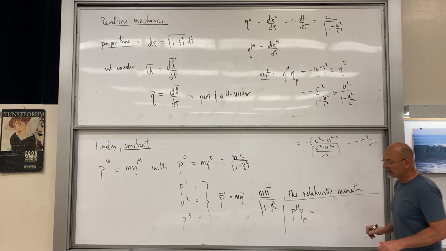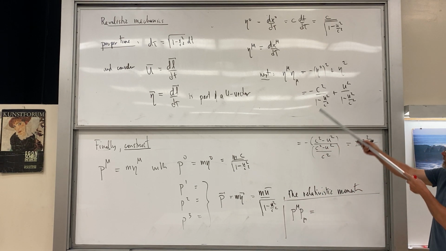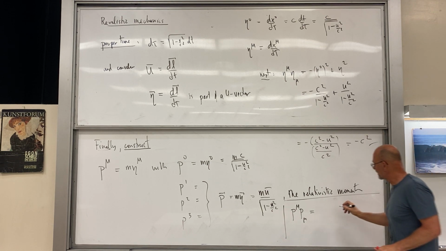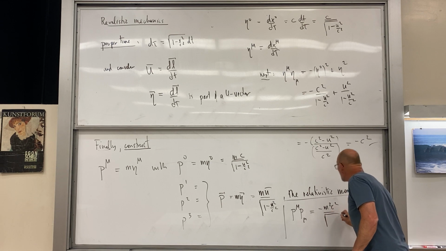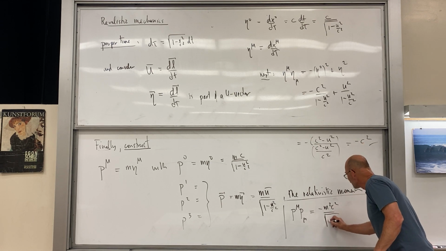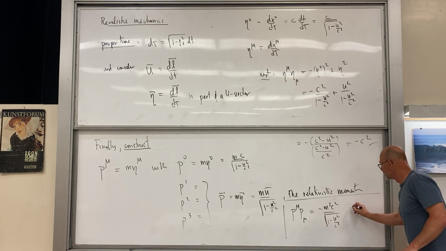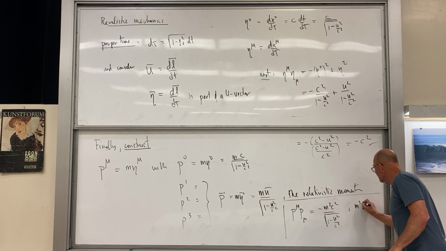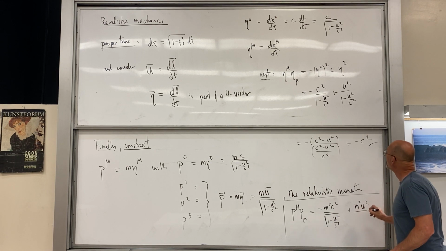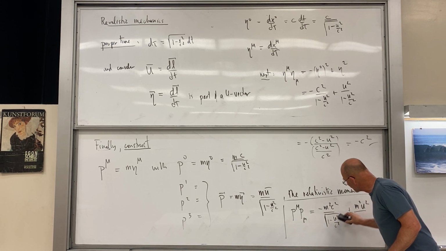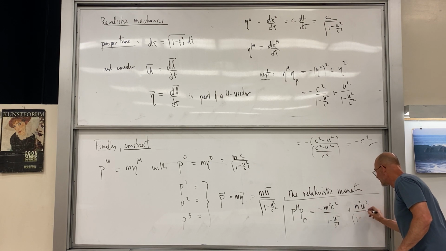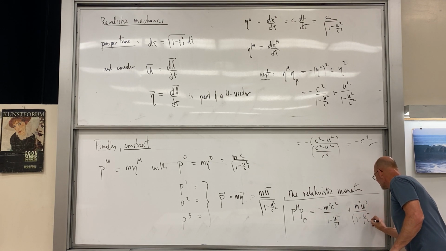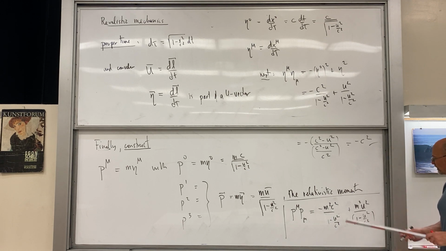If we sum that up, we're just going to have an m there, so an m squared on each of these. So minus m squared c squared over 1 minus u squared over c squared plus m squared u squared. Oh, not the root, of course, we squared the root, so we have that over 1 minus u squared over c squared. Using u instead of v.